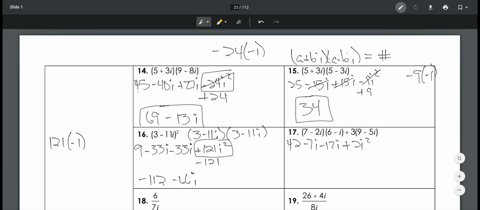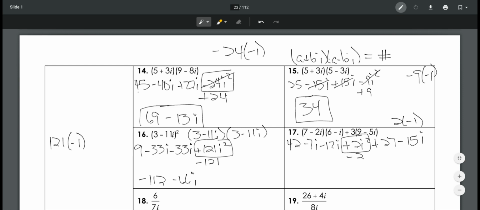I'm going to go ahead and distribute the 3 in the second group. So 3 times 9 is positive 27, and 3 times negative 5i is negative 15i. So right now, the only thing I need to change is that 2i squared becomes a negative 2, because 2 times negative 1, which is an i squared, becomes a negative 2.